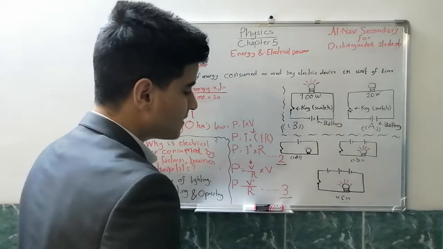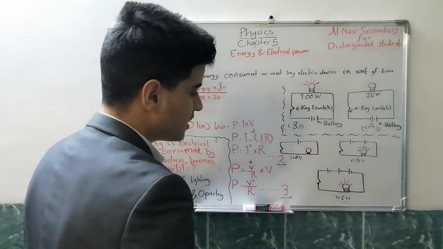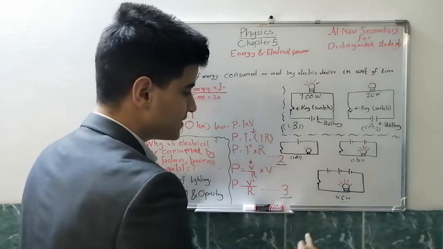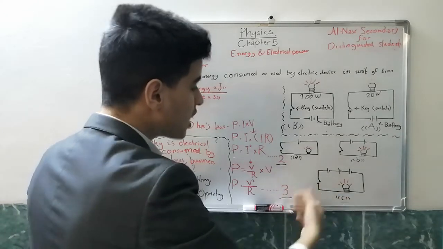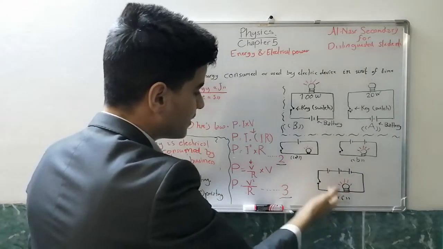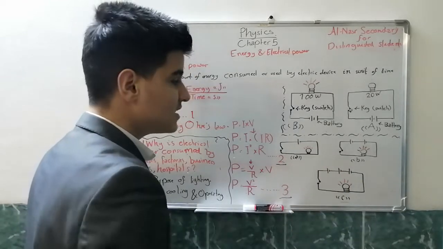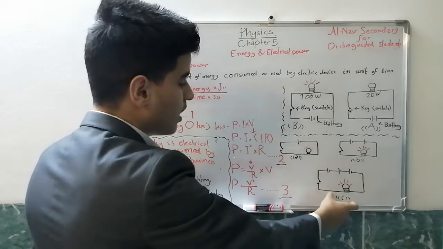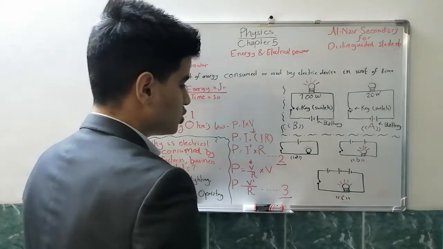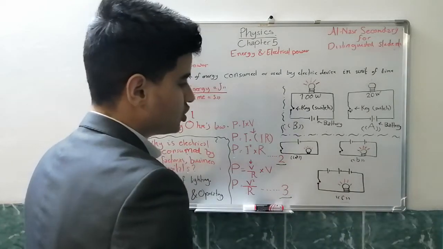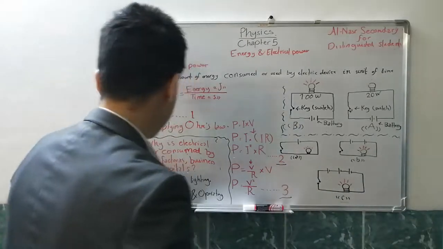And we notice figure C consists of 3 batteries, so it glows sharper than B and sharper than A. Why? Because we have 3 batteries and the resistance is very weak to impede the current.